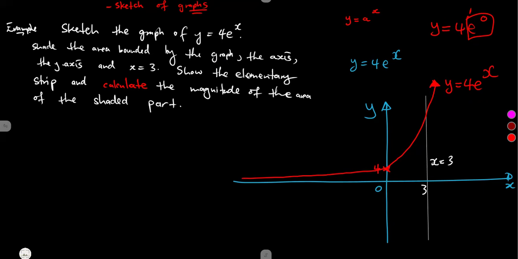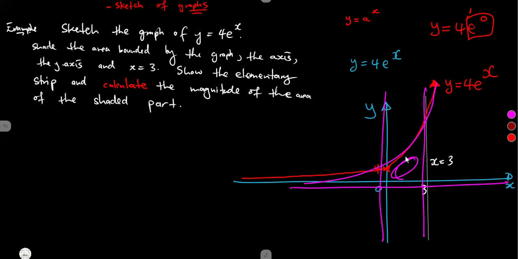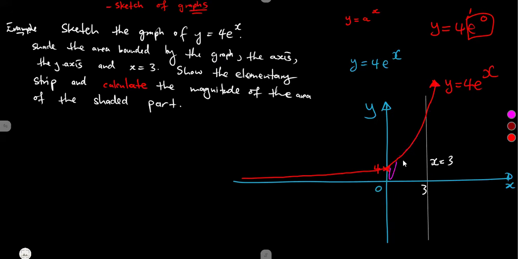So with this information that we are given, bounded by this graph, the x-axis, the y-axis, and this line, you see it is the region here in between that remains, that is bounded. This one is the region they are talking about. So we are supposed to calculate the area in between. Where are we having the limits?